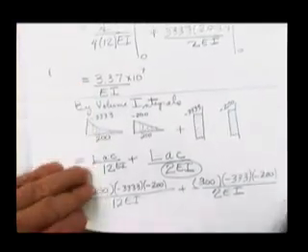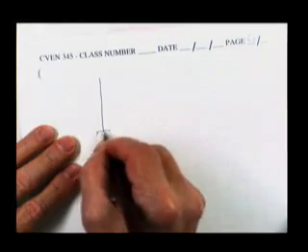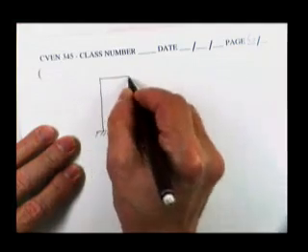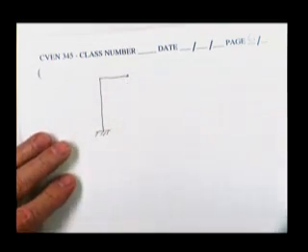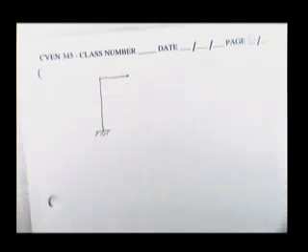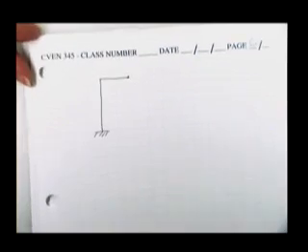All right. Here is the structure. That's point C. I'm now trying to solve for the horizontal deflection. How do I solve for the horizontal deflection?